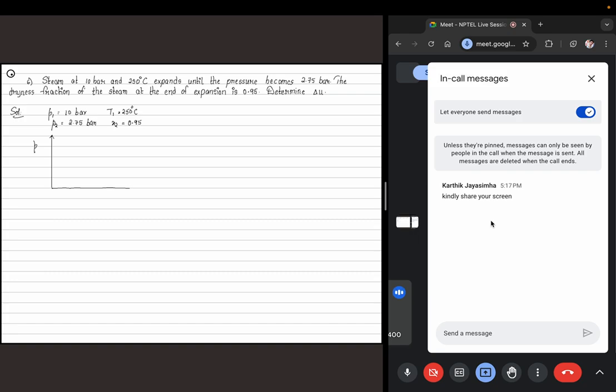Say if I want to plot it on a PV plot. So the initial temperature is 250 Celsius. So which region of the graph are we in? So how do we know that? Again, we look up the steam table.